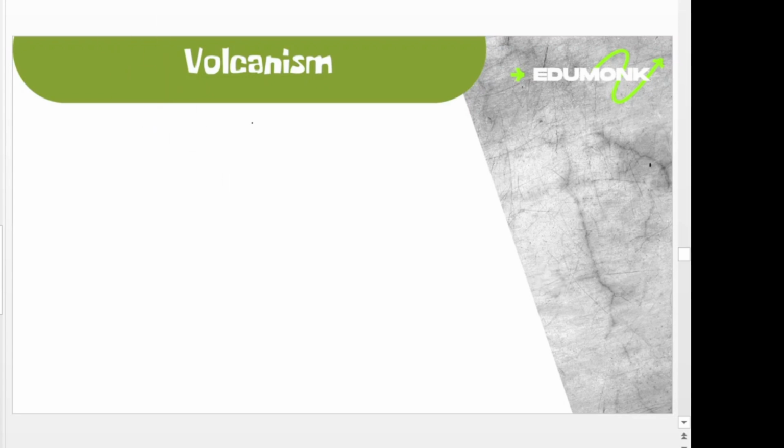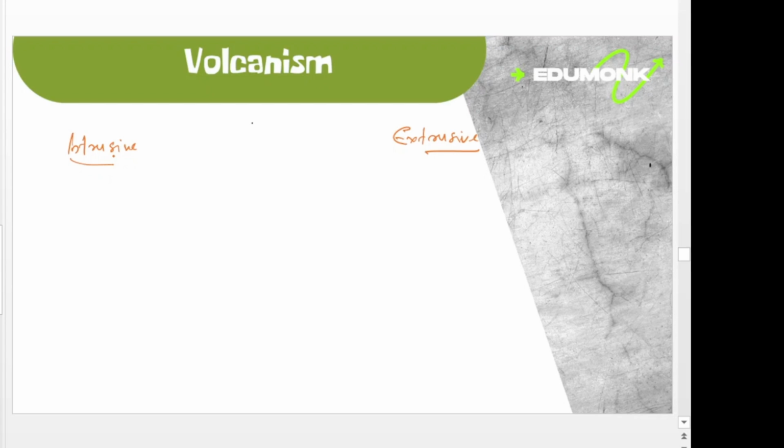On the basis of location of magma eruption, the volcanoes can be classified into two. First one is intrusive volcanoes and extrusive volcanoes.